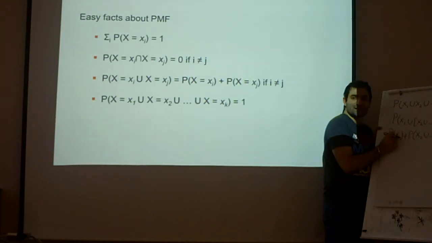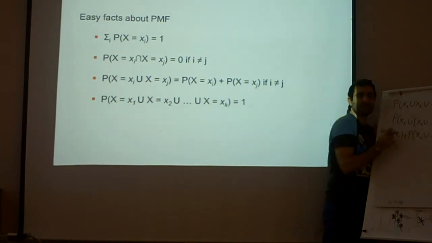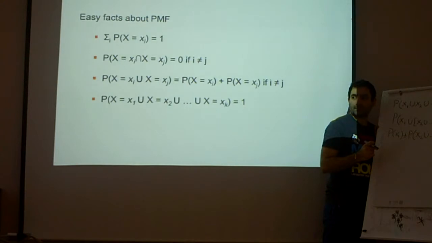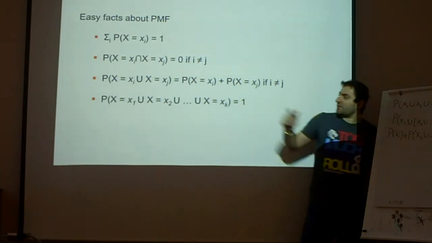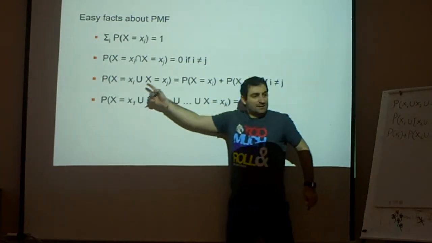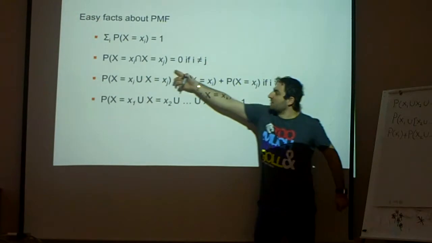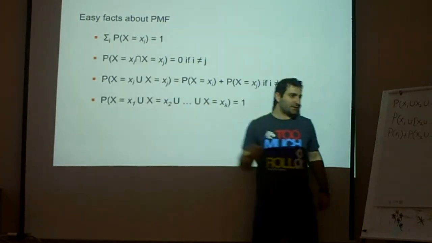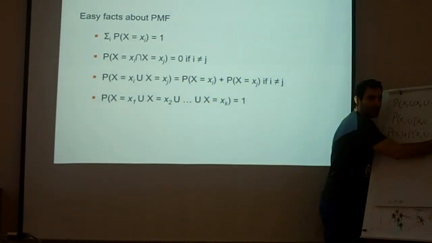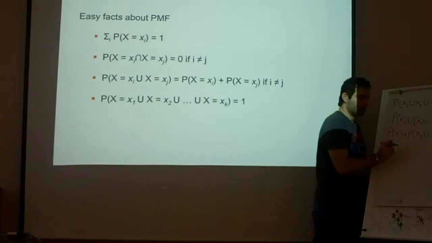What is the intersection of x1 and the rest? Zero, because we said that any xi and xj don't intersect with each other. So we don't write the minus intersection because it is 0.